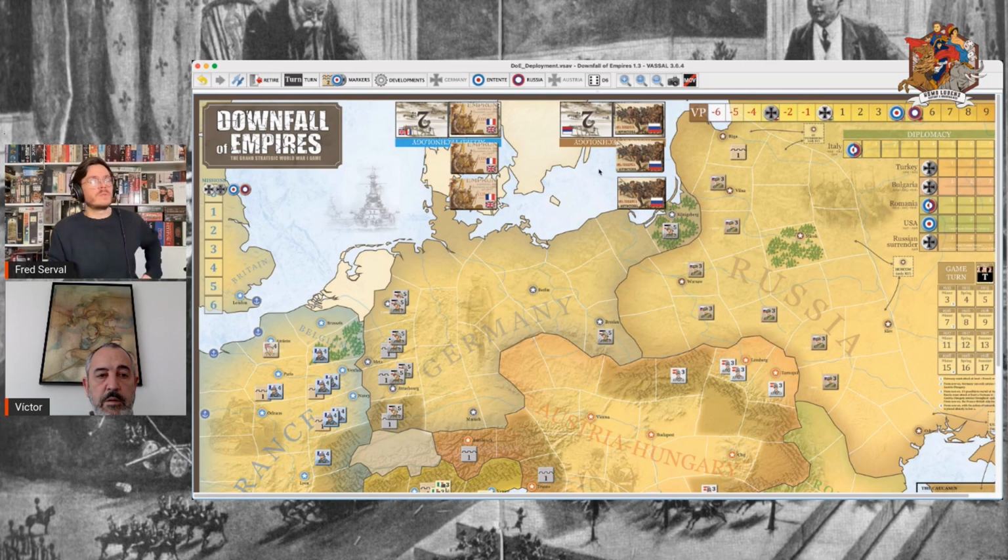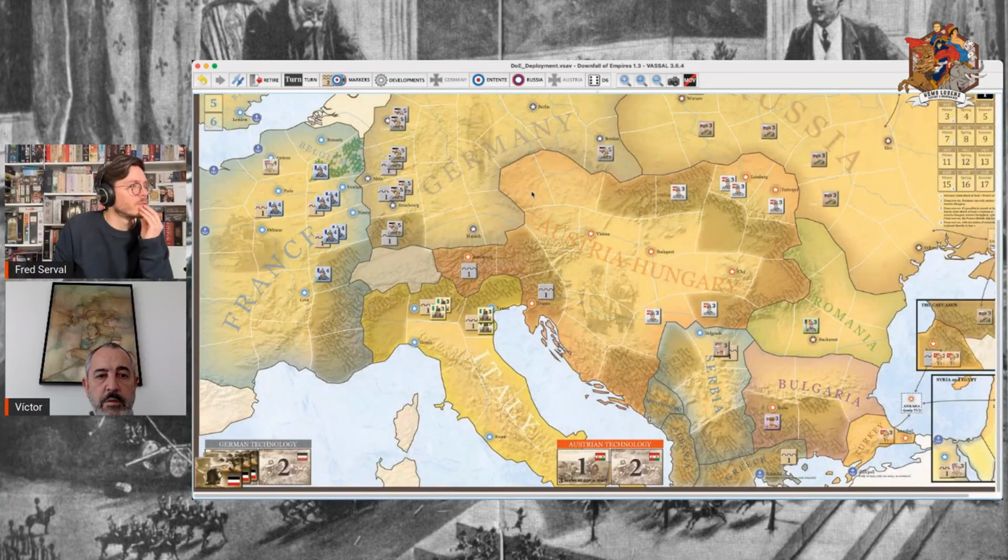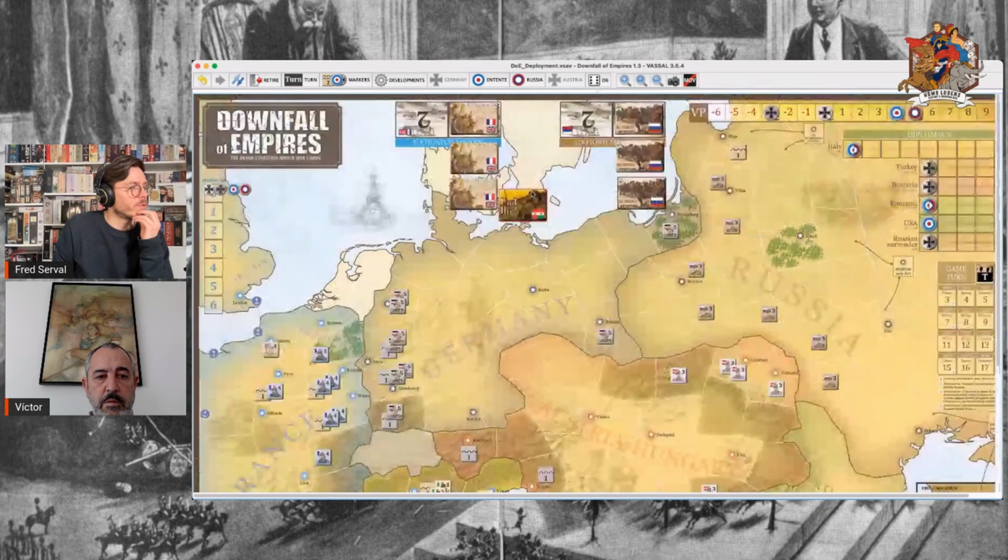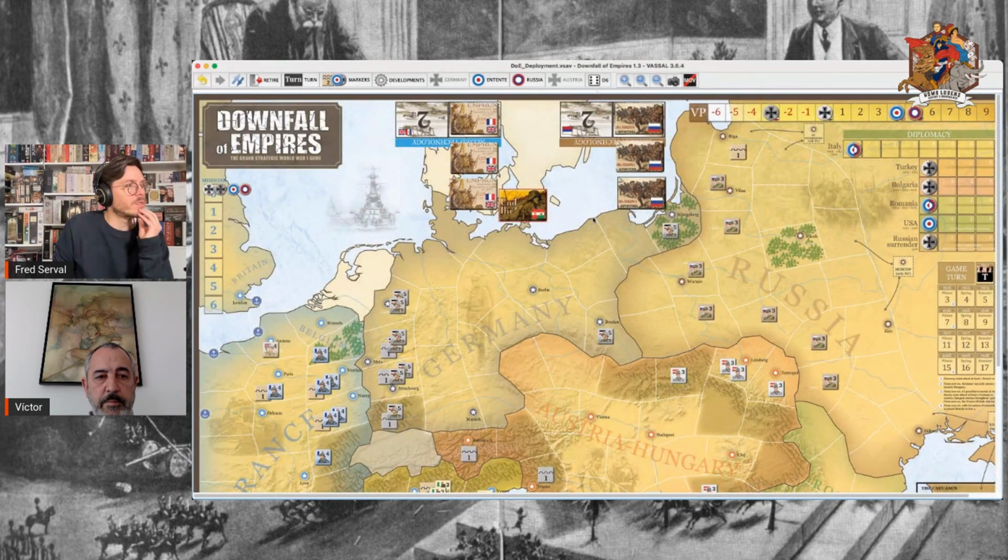Okay, so I've chosen 3 technologies for France and Great Britain, and then 3 technologies for Russia. And I can see that you've already picked 3 for Germany, and you're probably looking at the ones for Austria-Hungary.